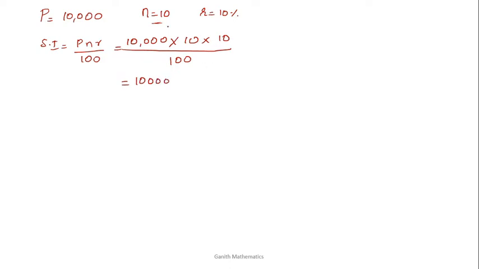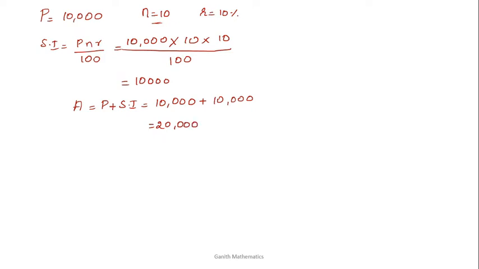So for borrowing 10,000 rupees, if you pay that amount after 10 years, then in addition to the amount, you have to pay 10,000 extra. That means the amount you pay the lender is principal plus simple interest. We borrowed 10,000, and the simple interest amount is 10,000. So you are going to pay rupees 20,000 to the lender.